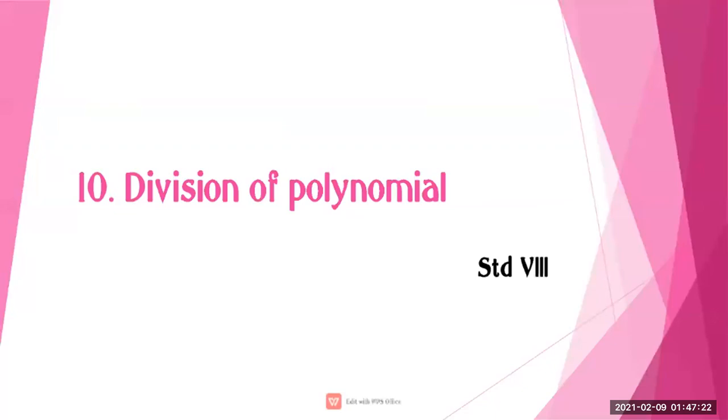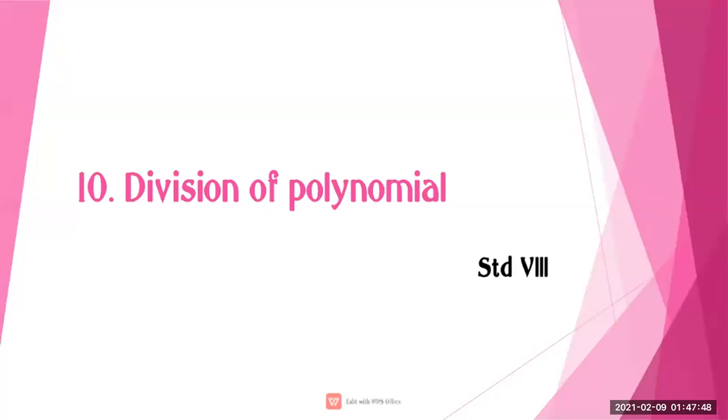Polynomial is also more than 3 to 4 terms, and these all are included in the polynomials only. In polynomials there are also operations. Polynomials are specific algebraic expressions. Hence, the operations of addition, subtraction, and multiplication on polynomials are similar to those performed on algebraic expressions.